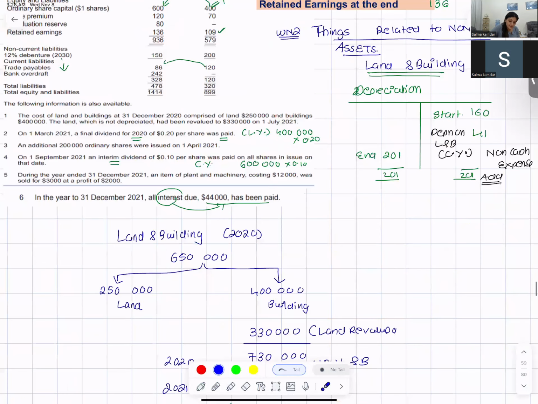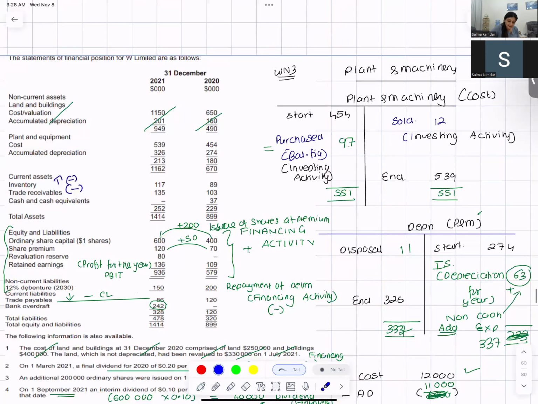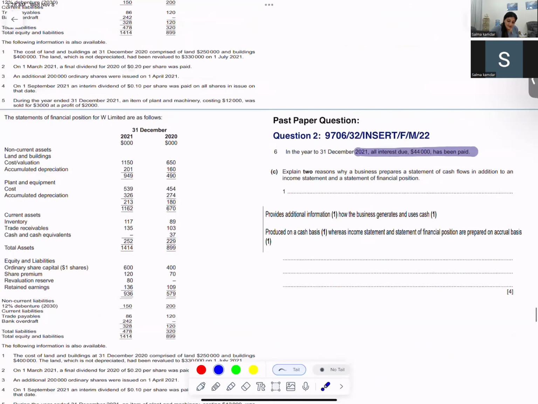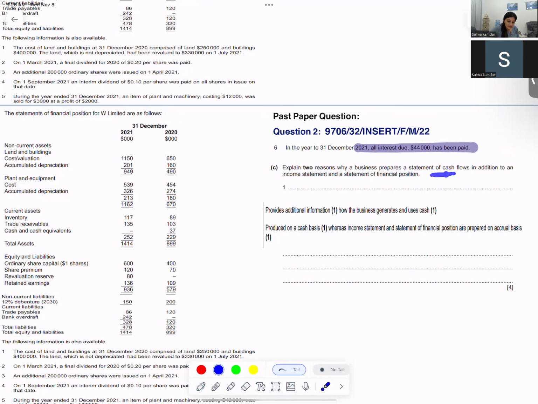Explain two reasons why a business prepares a statement of cash flow in addition to the income statement and statement of financial position. We prepare a statement of cash flow because it will give us additional information about where we are generating the cash and where we are using the cash.